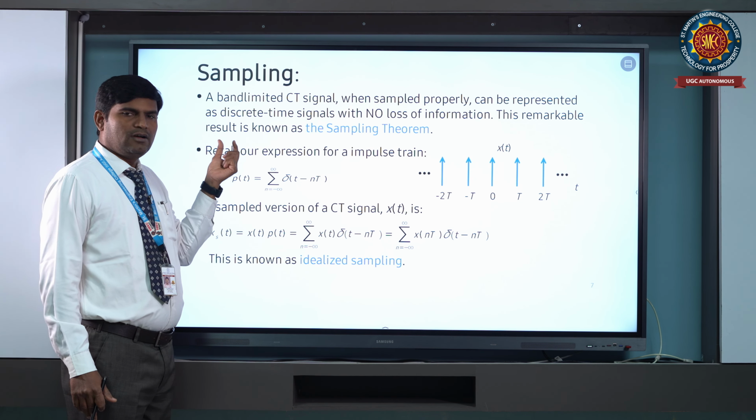We allow the sampled signal to pass through a low pass filter with cutoff frequency B, which will extract only one cycle of X(omega), and if we apply the inverse Fourier transform to it, we can reconstruct the original signal.